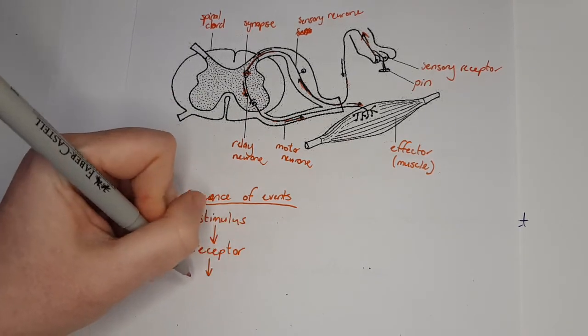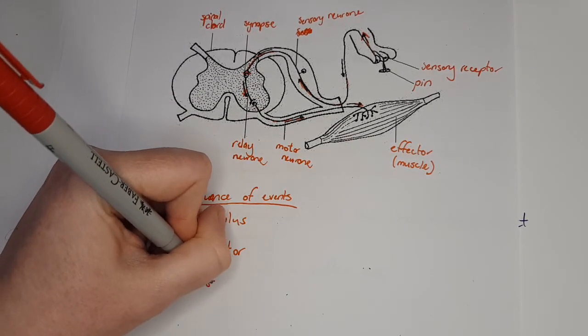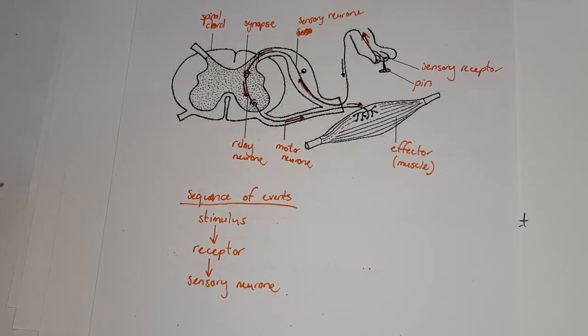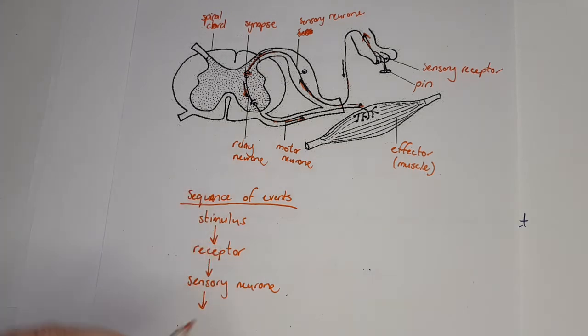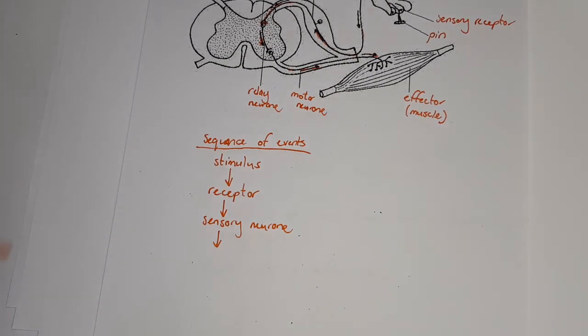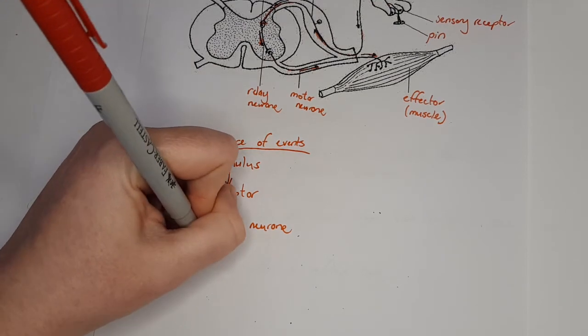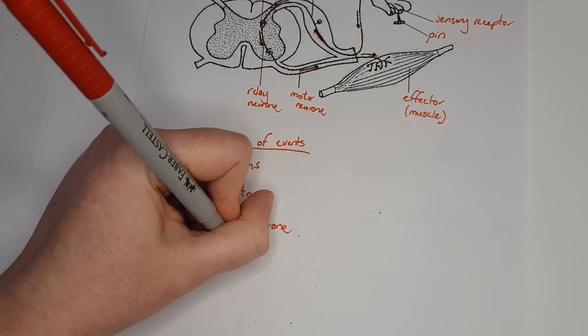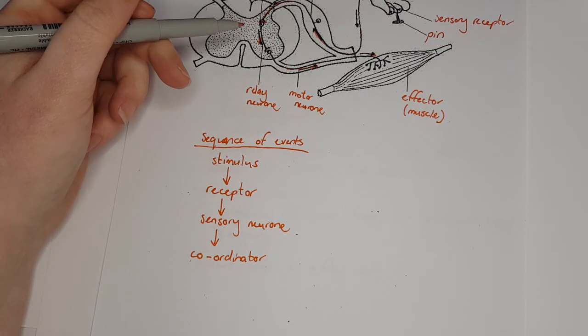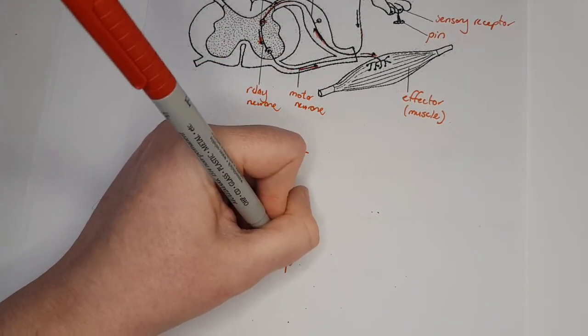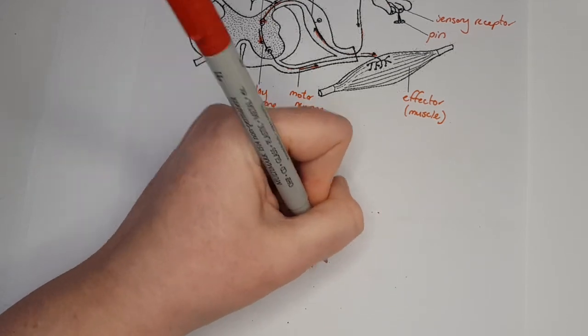That receptor is going to send the impulse through the sensory neuron. Okay, from the sensory neuron, it is going to move to the spinal cord, and the spinal cord we call a coordinator. Okay, because that is the one that's going to carry on with the impulse as well as send it to the brain. So that we're going to call spinal cord.